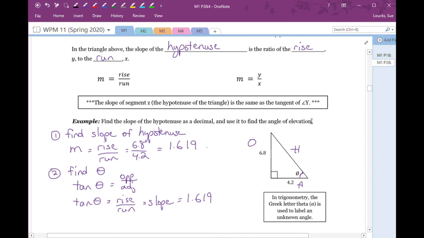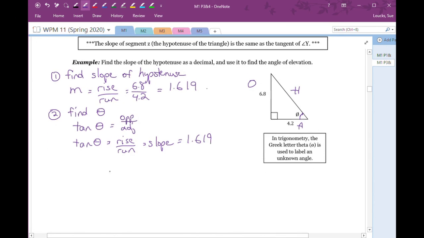And then to find the angle, what we do is we take the inverse tan of both sides. So we go tan to the minus 1 of tan theta. And we do tan to the minus 1 of 1.619.